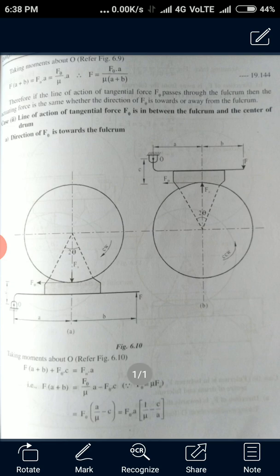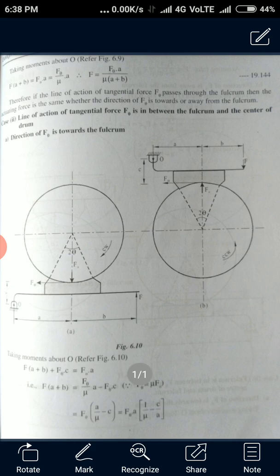Now in figure A, the drum is rotating clockwise, F theta is between the center of the drum and the fulcrum O, and it is moving towards the fulcrum O. In that scenario, what should be the formula? To calculate the braking force, it is F theta A into (1 by mu minus C by A).